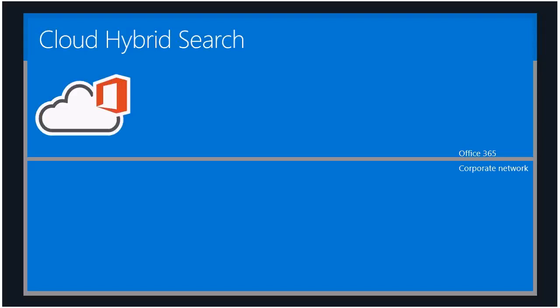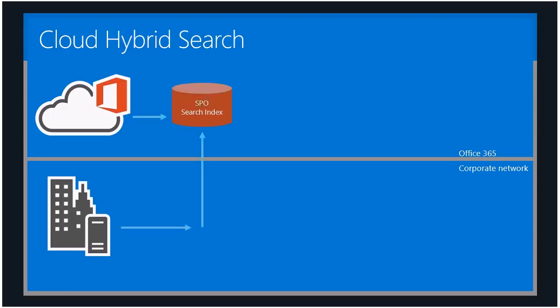So in the same way we have SharePoint Online and also SharePoint on-premise. But a little bit different here, we don't have the SharePoint on-premise search index, only the SharePoint Online search index. So SharePoint Online will index all the content from both SharePoint on-premise and SharePoint Online.